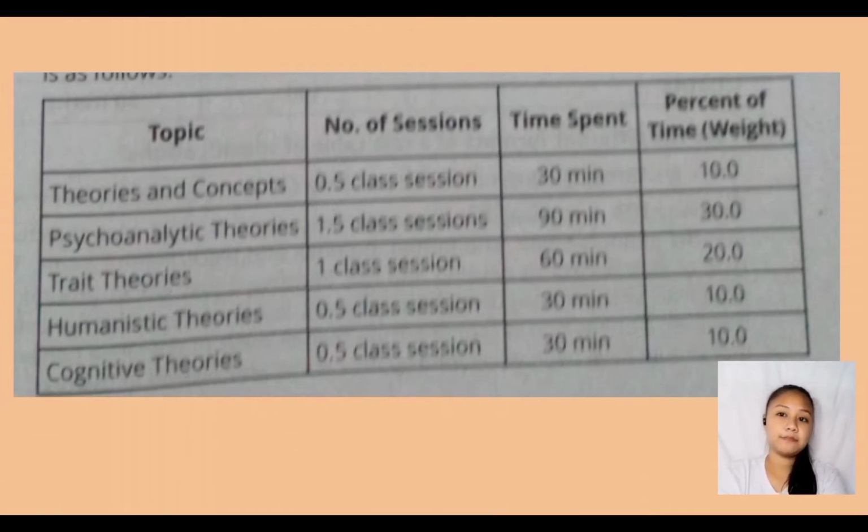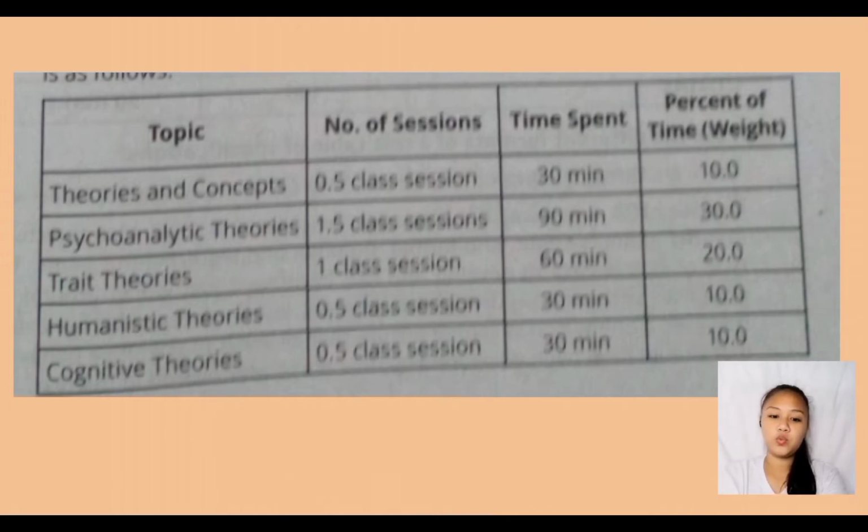Kaya naging 5 divided by 10 is equal to 0.5 class session. Kaya si theories and concept. For the time spent naman po, kaya naging 30 minutes siya kasi dinivide po si 300 sa 10. Kaya ang answer is 30 minutes sa time spent.